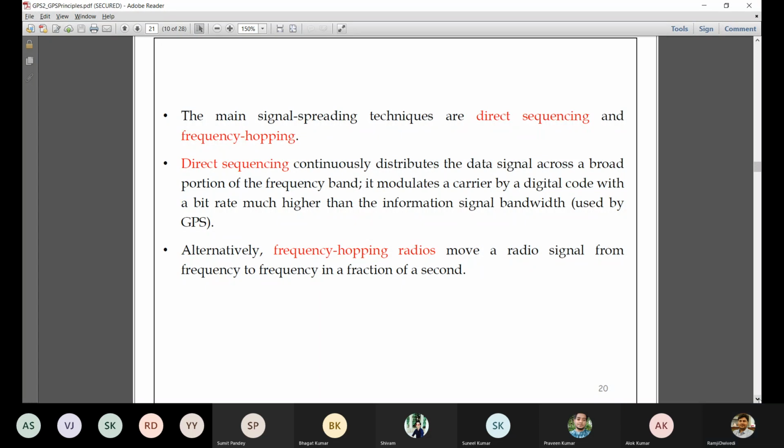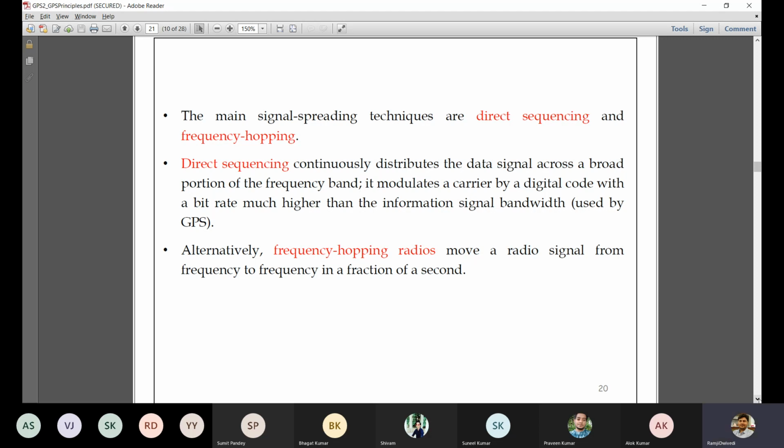You can board some buses, deboard some buses to visit some local places, then again come and board at some place. So in frequency hopping also, the signal keeps switching between different channels so that nobody has access to the complete code if they are tracking only a particular band.